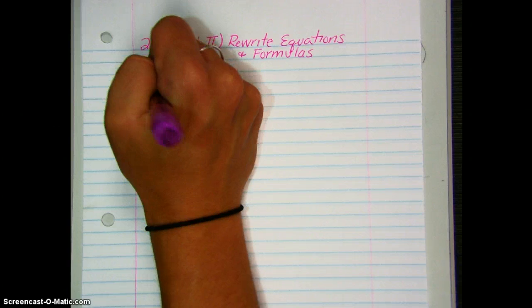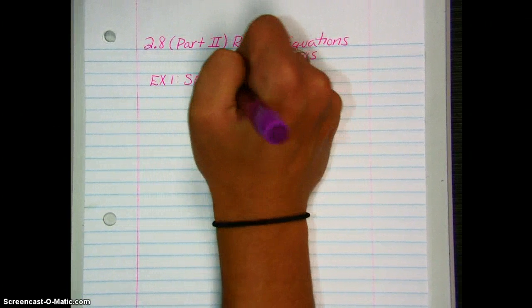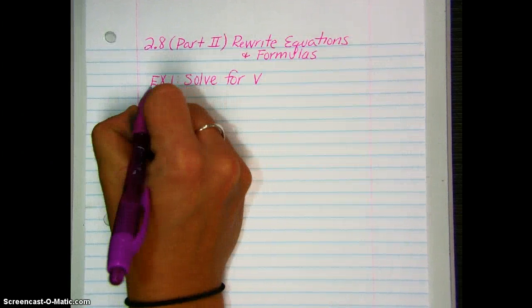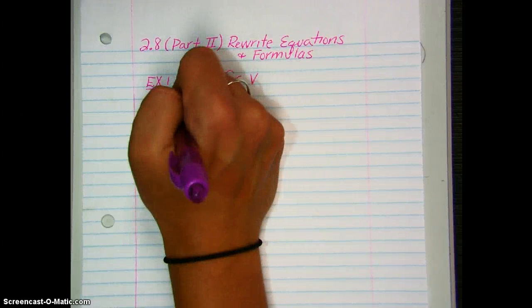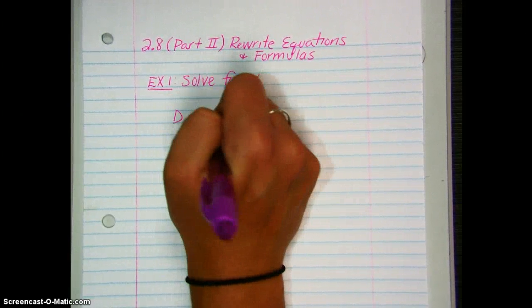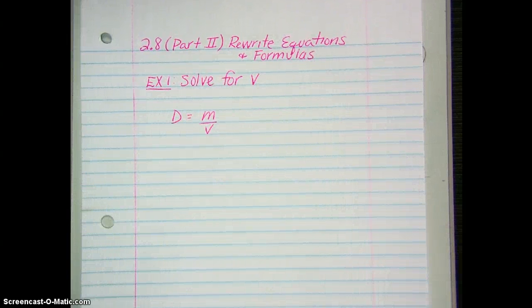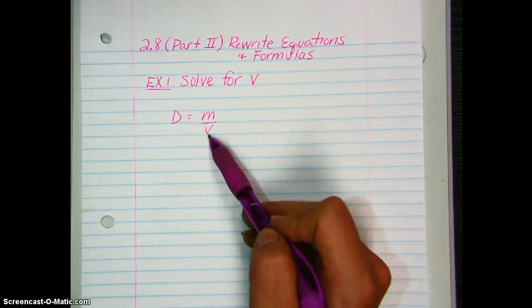So the first example we're going to look at, we're going to solve for v. And the equation or formula we're going to do this for is the density formula. Density is equal to m over v, or mass divided by volume. So you'll notice in this case we have to solve for v, which is in the denominator of a fraction.